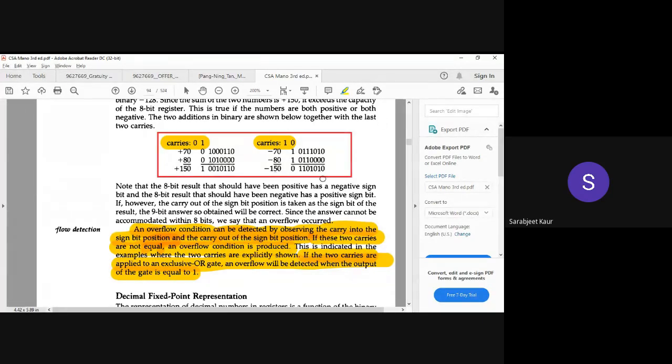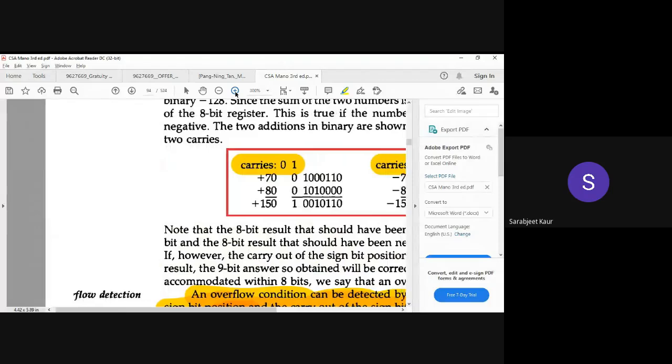Now, in both these cases, please see how to detect if there is an overflow or not. We are doing the simple binary addition here. How to detect whether there is an overflow?